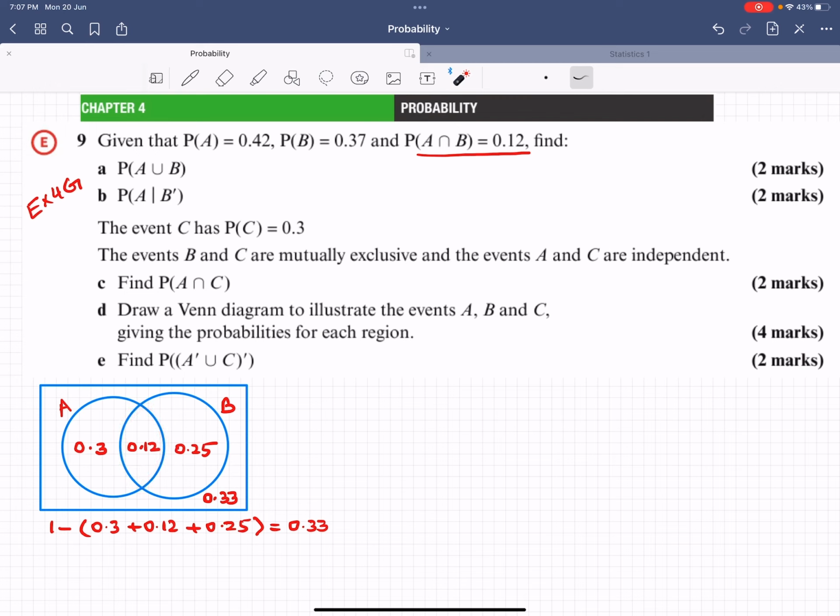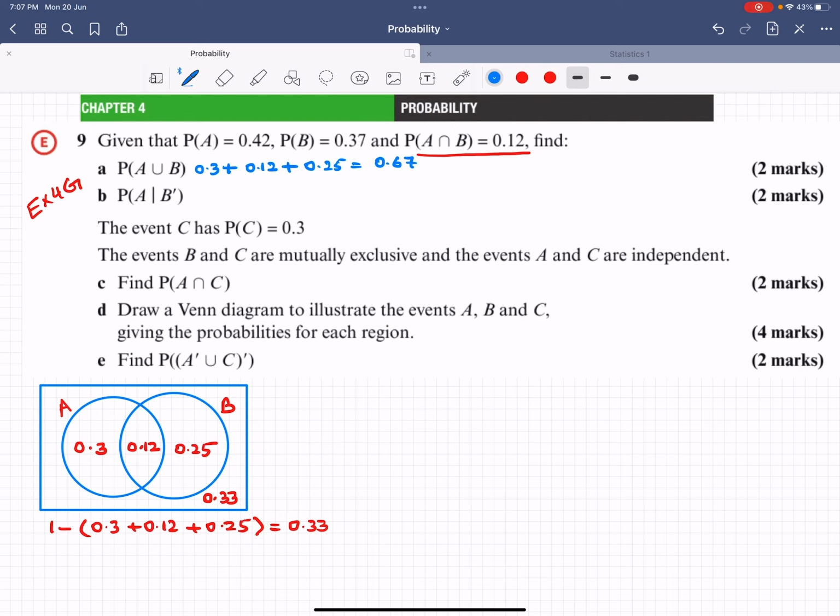So we will not repeat it twice, we will take it only once, and hence A union B is going to be 0.3 plus 0.12 plus 0.25, and that adds up to 0.67.